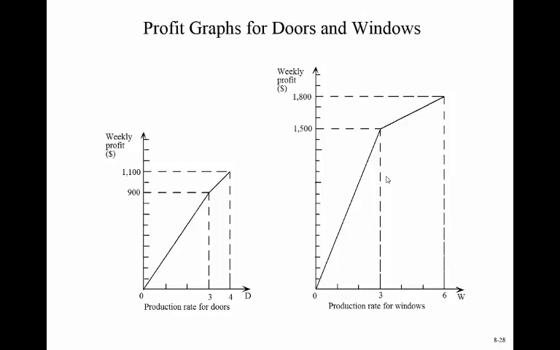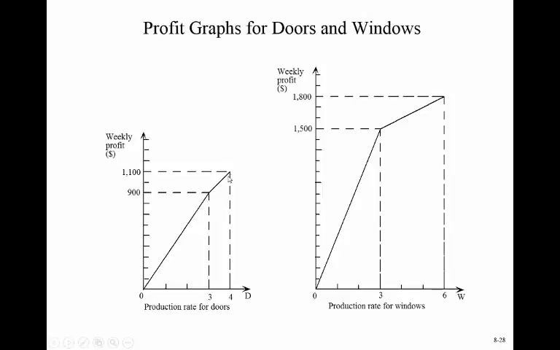It's always healthy to do this: you choose a product, like in this case on the left, the production rate for doors, and on the x-axis is the number of doors you're going to produce, and the y-axis is the weekly profit. It's a simple matter. The first 3 units you produce each give a profit of $300, so for 3 doors you would have a total profit of $900.